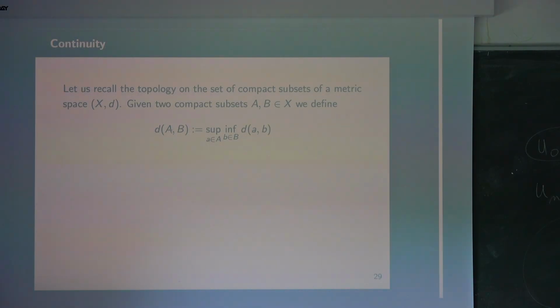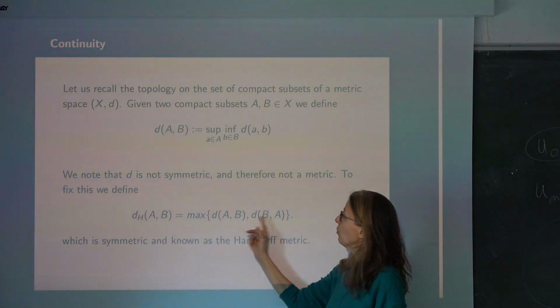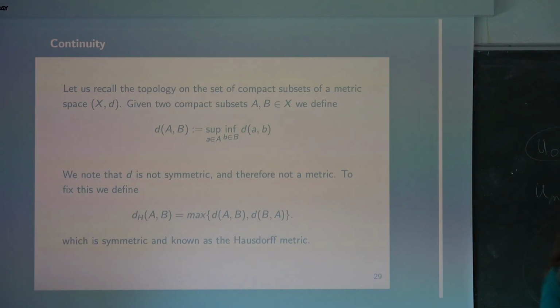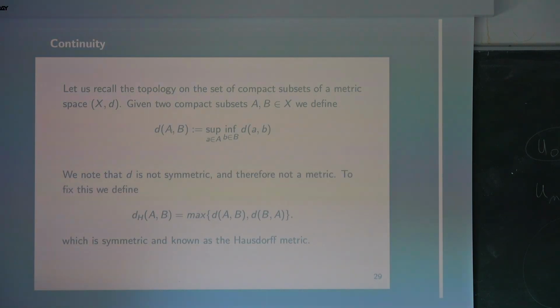And to get a distance, you make it symmetric. So you take the maximum of the distance between A and B and the distance between B and A. And this is the Hausdorff metric on compact sets. Do you have questions?